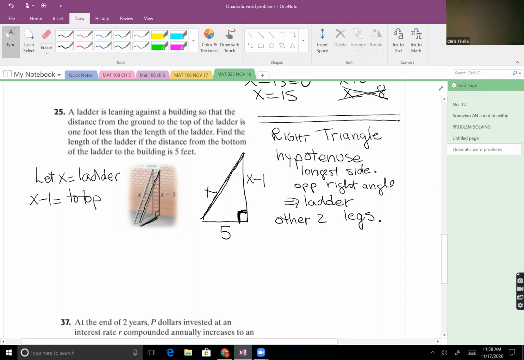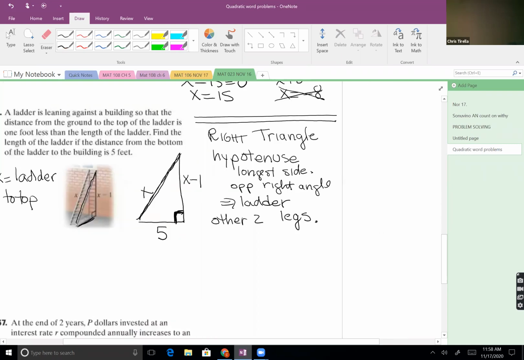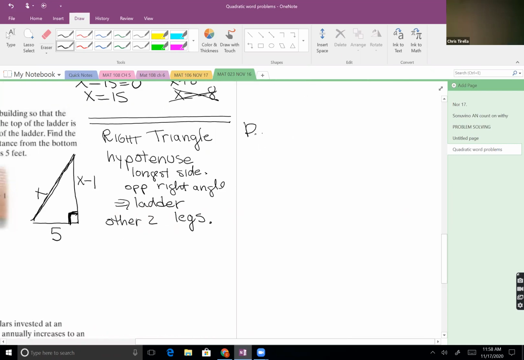And I'm going to write over here on the side. There's something that's called the Pythagorean theorem. It only works in a right triangle. And do any of you remember hearing of the Pythagorean theorem before?